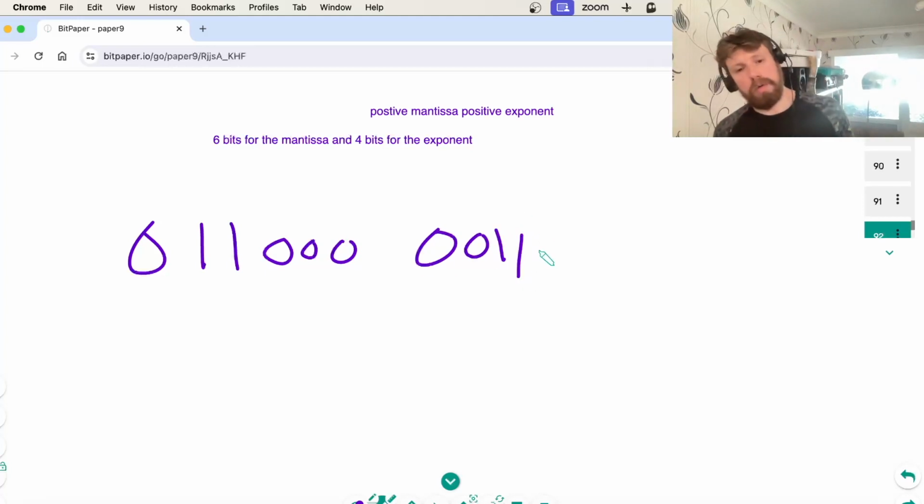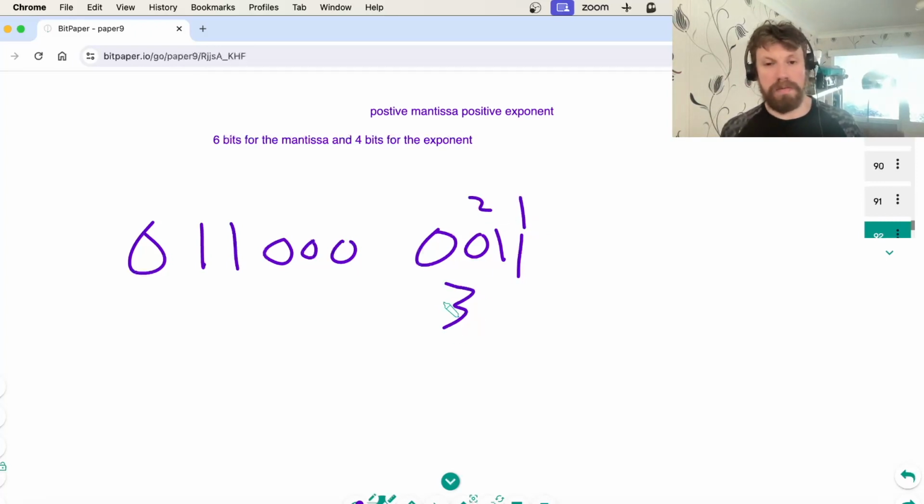Step 1. We convert the exponent into a normal number, which is 1, 2. So that's just going to be 3. The decimal point is always between the first 2 numbers, and a positive mantissa is going to start 0, 1, and a negative mantissa will start 1, 0.